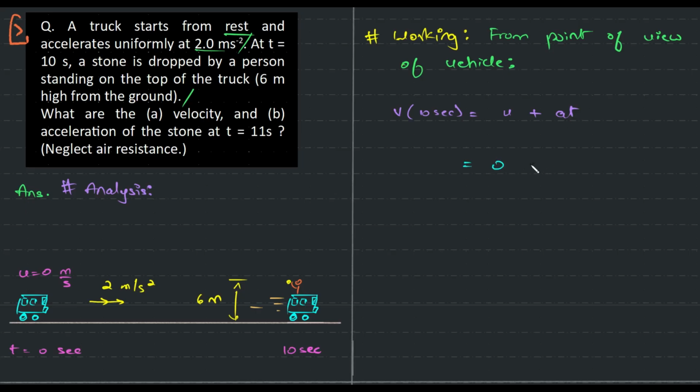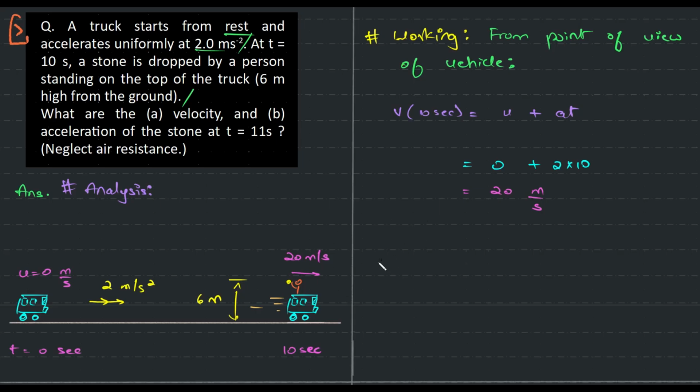So u is 0, acceleration is 2, and t is 10. This is basically 20 meter per second. So the vehicle is moving at a speed of 20 meter per second at 10 seconds.